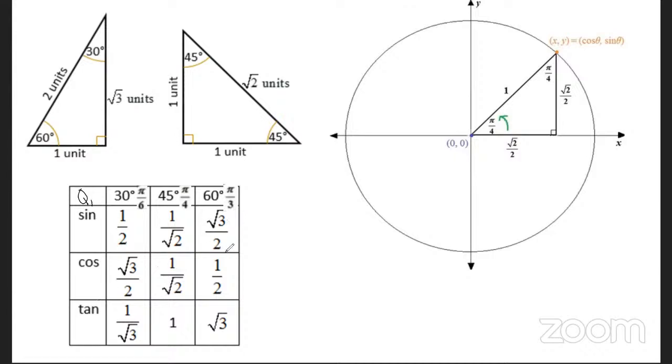But some of the things I wanted to point out is that you may see, for example, our sine right here, 1 over radical 2. When you're solving, it may not look like that, because remember, you're supposed to rationalize the denominator, which means you multiply by 1 that looks like radical 2 over 2 to get that radical out of the denominator, because that's against the rules of math.